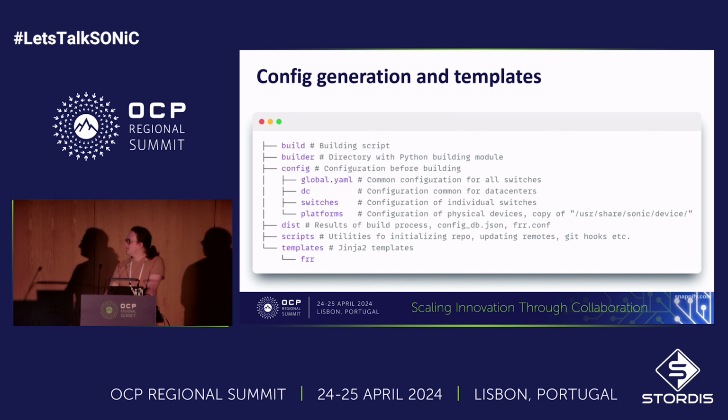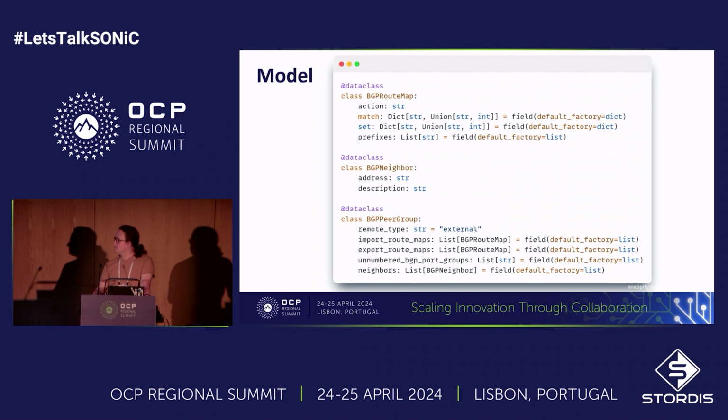So the project looks like this. We have directories for configuration, for templates, and for the final list of configurations. But I will go to the next part. That's the key, how we do the translation. It's Python data classes, and they enable us to very easily convert domain-specific configuration to the general use case.